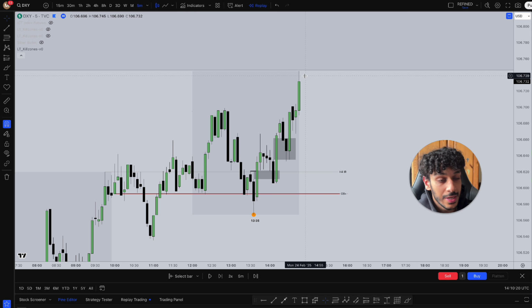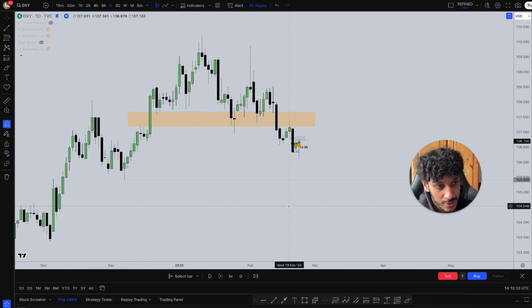But basically, I took profit just before we took out previous day's high. Now, admittedly, I do have a habit of closing trades before we reach the level, very close to it, right? But that's not actually the reason why I did this in this specific example.